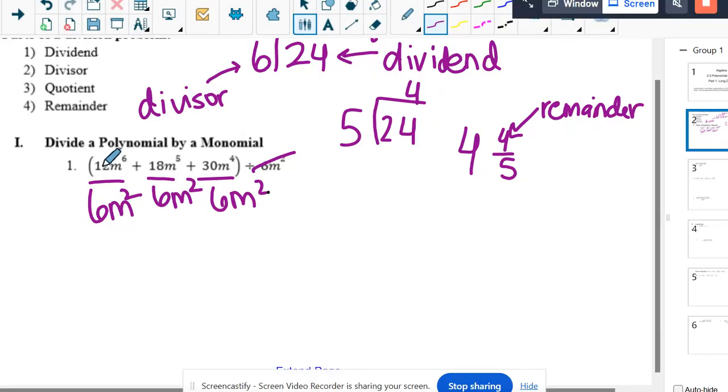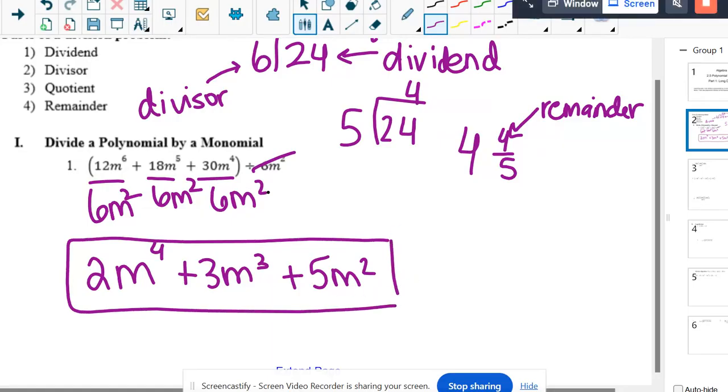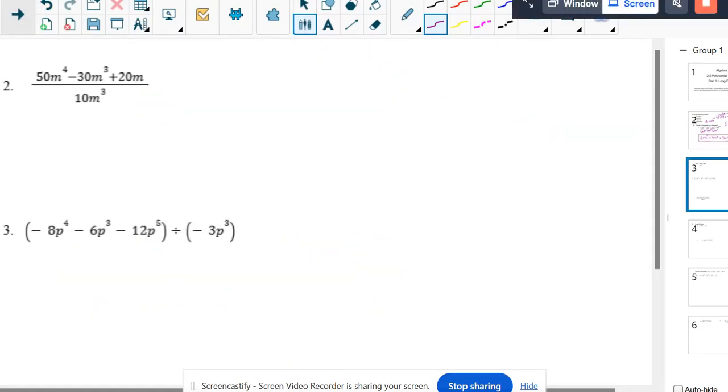When you divide, remember we're dividing the fractions, so if they simplify, then simplify it. So this would be 2m, and when you divide the variables, you subtract the exponents. So this would be 2m to the 4th, plus 3m to the 3rd, plus 5m to the 2nd. Does that make sense? That should make sense.